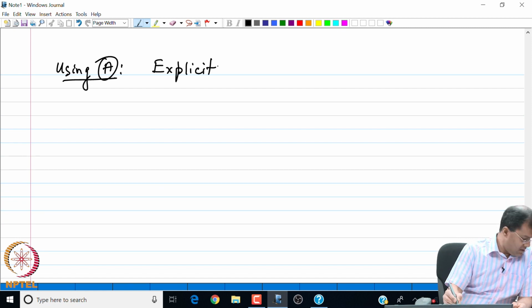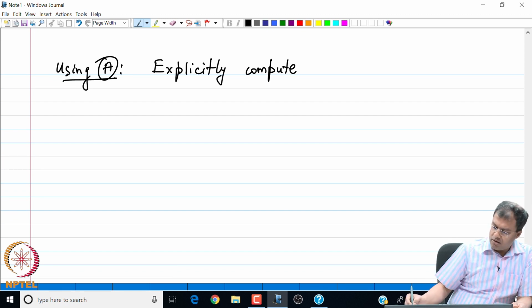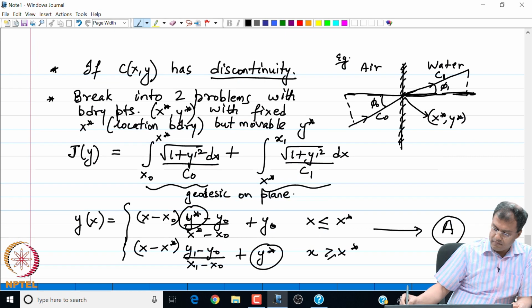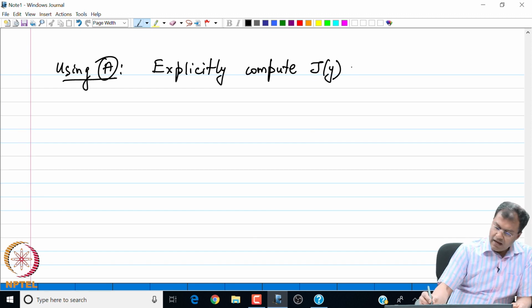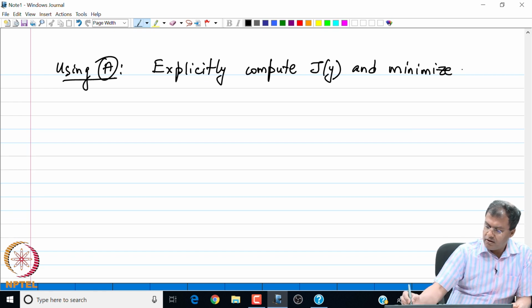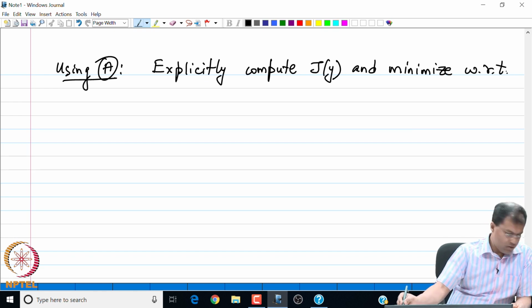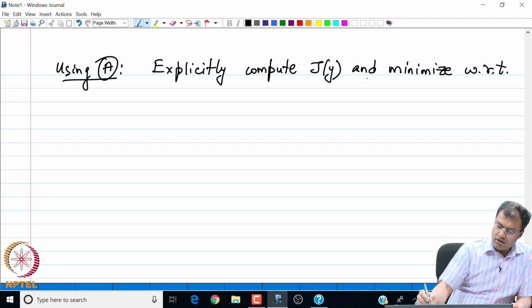So explicitly, we compute J of y and minimize with respect to the variable y star.